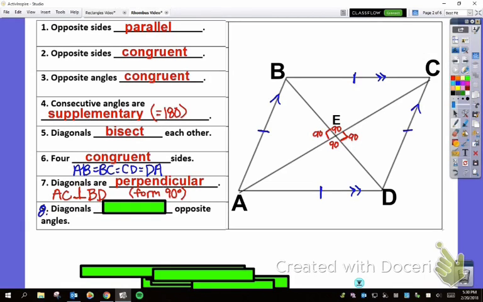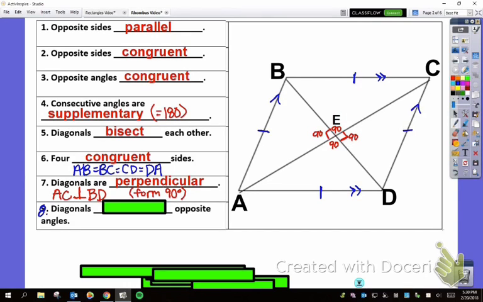Now before we talk about number 8, let's backtrack and talk about number 5. Diagonals bisect each other. When we have diagonals that bisect, remember we have 2 equal pieces. Now on rectangles, we knew that the whole diagonals were equal, but here we don't know that they're equal. Here we just know the diagonals bisect.